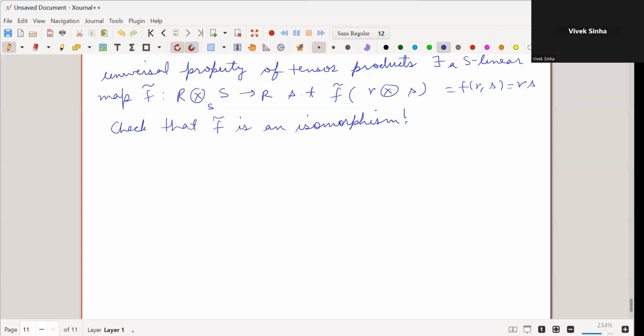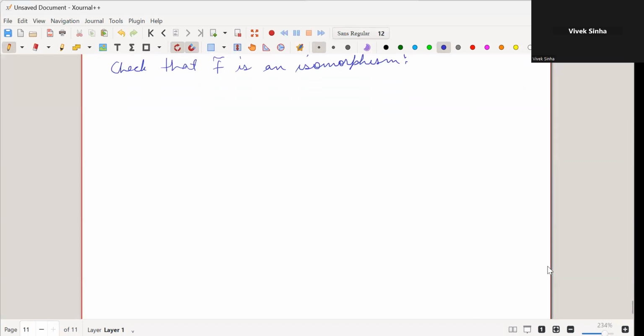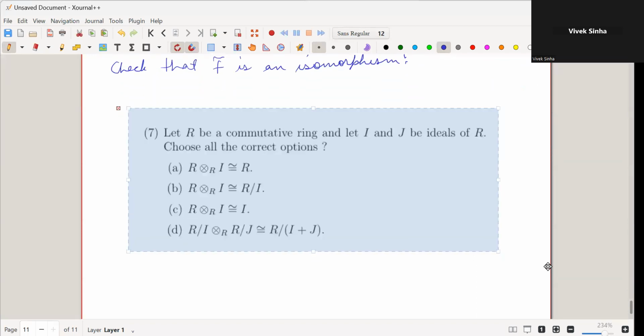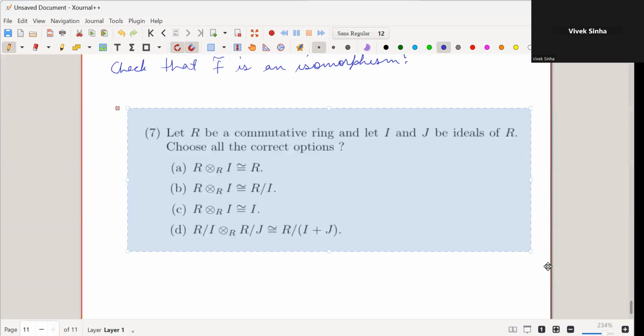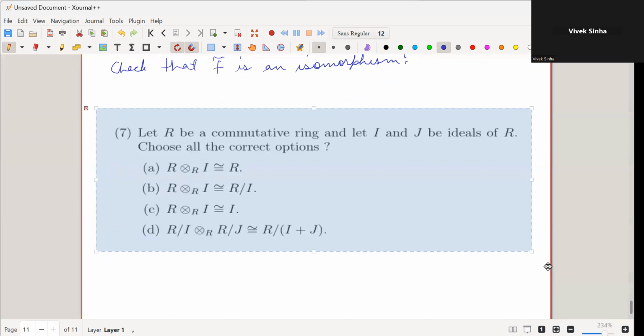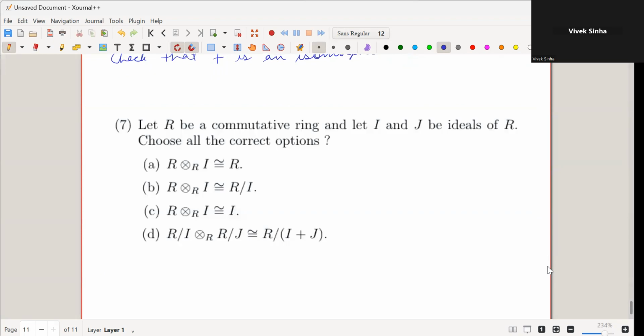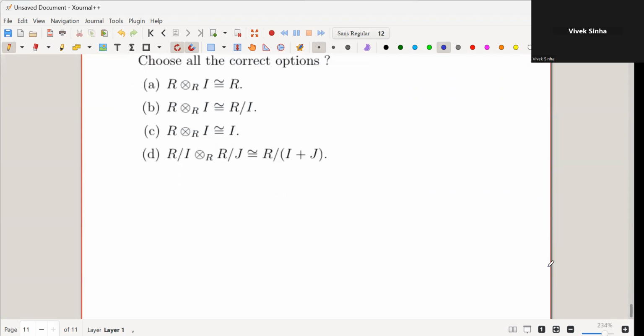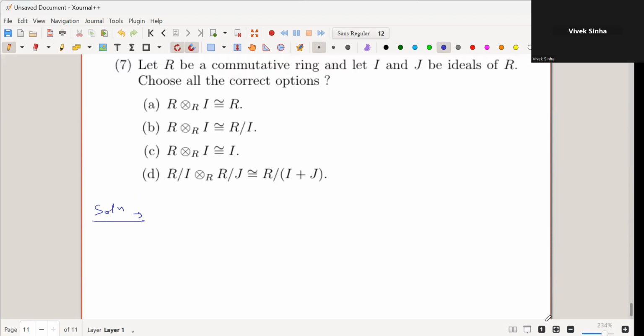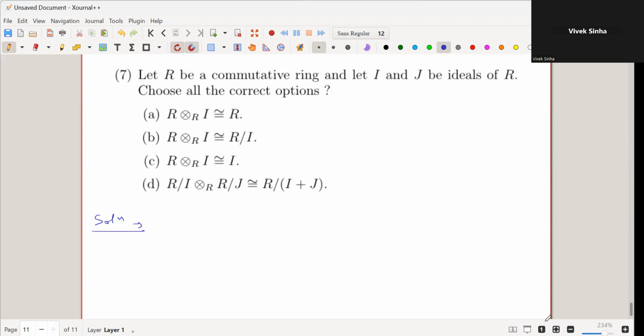The 7th question is actually a tricky question, so I will give some steps of the solution, and then you have to proceed accordingly. Solution is, so it says, let R be a commutative ring, I and J be ideals of R. Choose all the correct options.